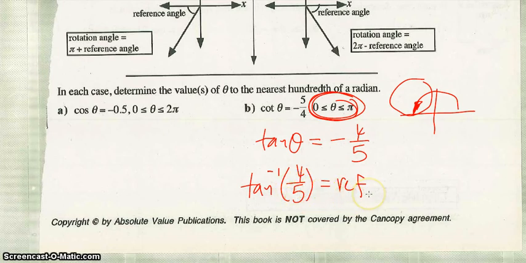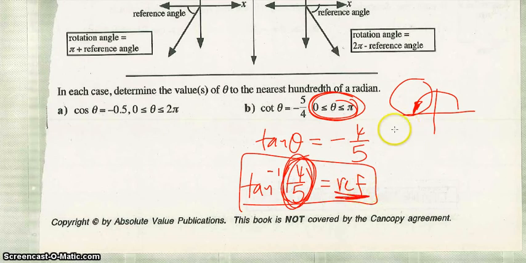They will give you an angle in either second or fourth quadrant. But I prefer you always use positive here to always get the reference angle, and then you figure out, once you know the reference angle, in second quadrant it will be pi minus that reference angle that will give you the answer. So always do that.